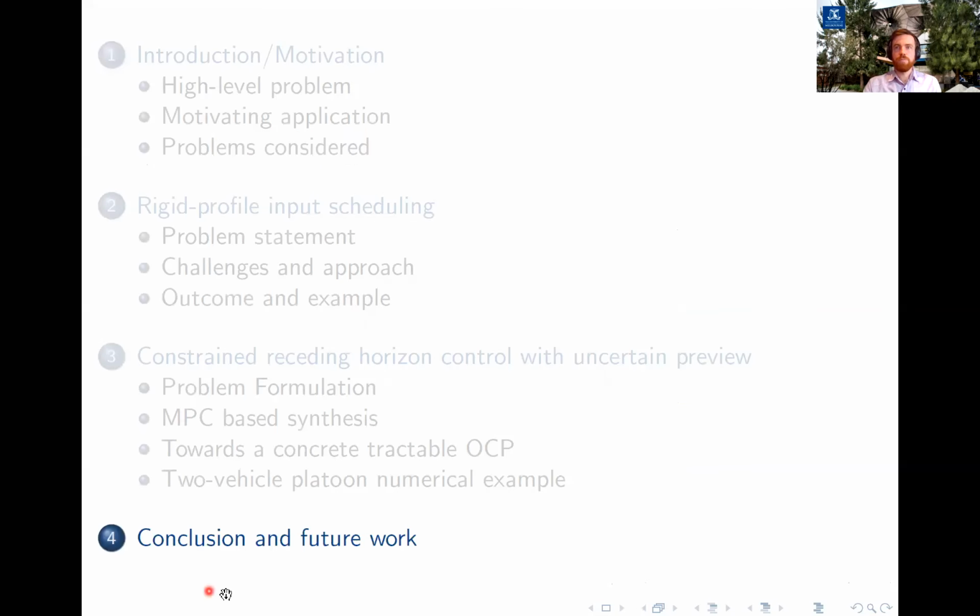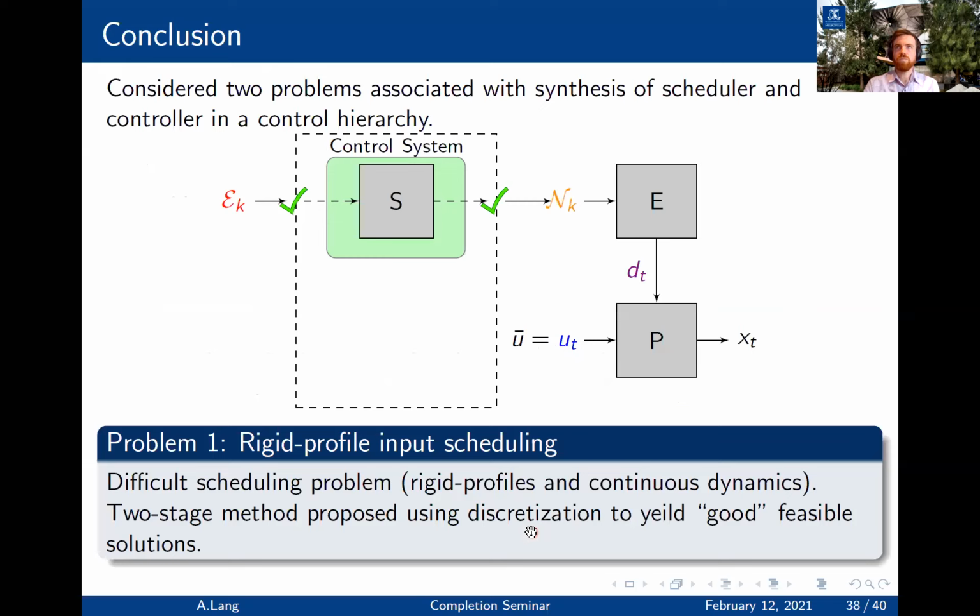So I'll now just give a brief conclusion and some directions of future work. In conclusion, we considered two problems associated with the synthesis of the scheduler and controller in the control hierarchy that we set up in the first part of the presentation, where the first problem was dealing with determining this nominal schedule that will influence the environment, and it was this rigid profile input scheduling.